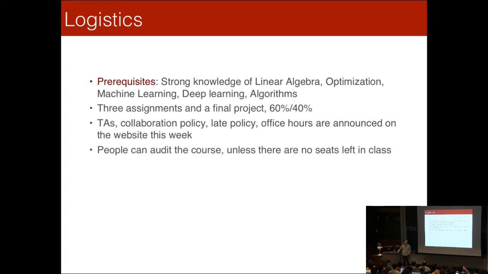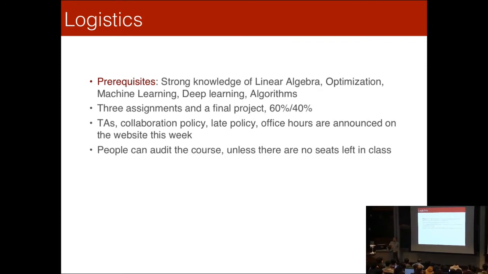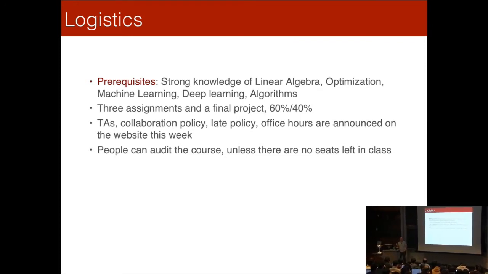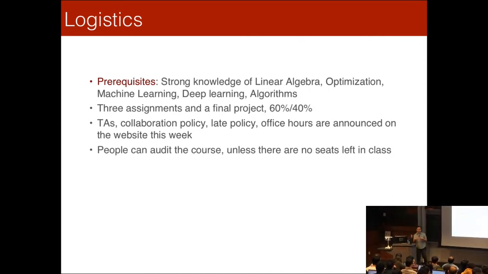In the past, some students had problems with the homeworks because they require some exploration. Typically, your programming homeworks will not have a unique answer. It's like algorithm A is better than algorithm B, so you're going to have to use your own judgment, do the experiments, and provide justifications for why one algorithm is working better. A lot of it will depend on initialization, on how you're training these models, and so forth. So be prepared for that.